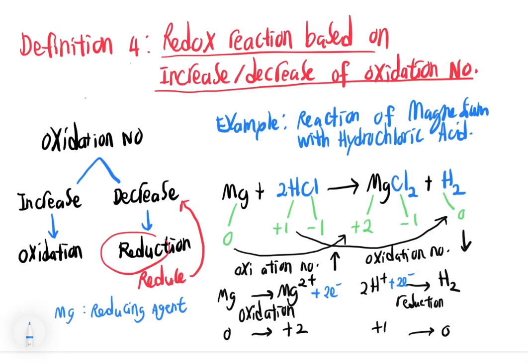H+ ion undergoes reduction, so hydrochloric acid is the oxidizing agent. So I hope that has helped you to understand the redox reaction based on increase or decrease of oxidation number.